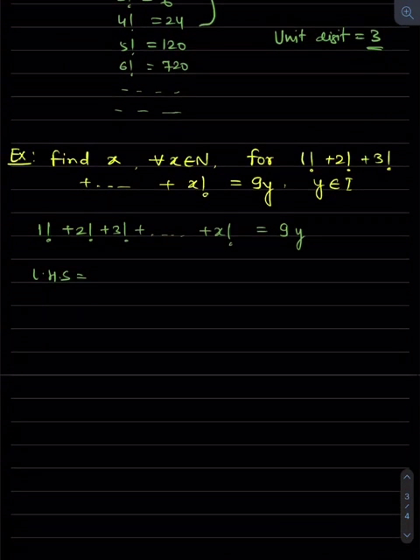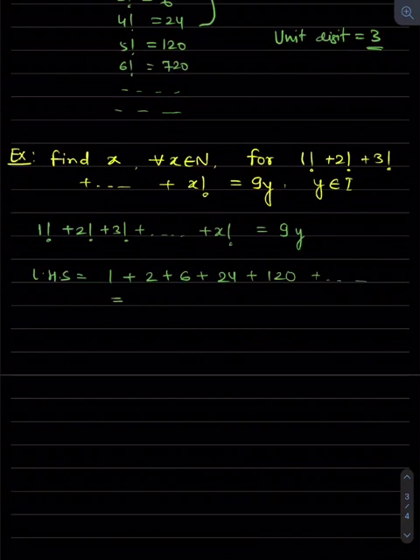So you know the values of these, 1 factorial, 2 factorial, so I'm writing them directly. We'll check whether it is divisible by 9 or not. So 1 factorial is 1, 2 factorial is 2, 3 factorial is 6, 4 factorial is 24, 5 factorial is 120, and 6 factorial, 7 factorial, 8 factorial, 9 factorial, all are divisible by 9 after this.